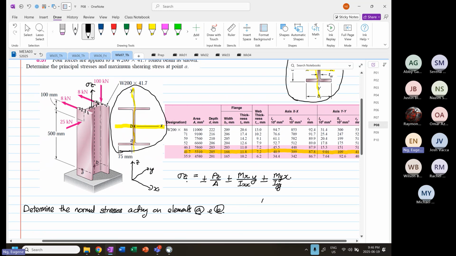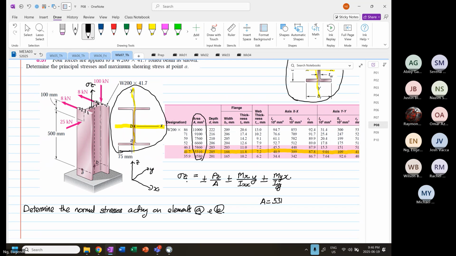So we know A, right? A, we look at this column over here, is 5310 times 10 to the power minus 6. Convert them immediately to meter squared. And then the next thing that we know is we can find our Ixx.